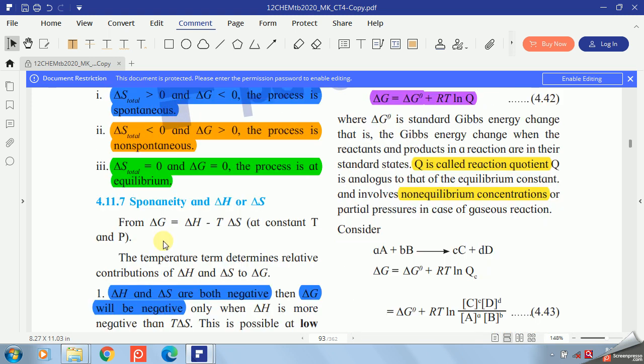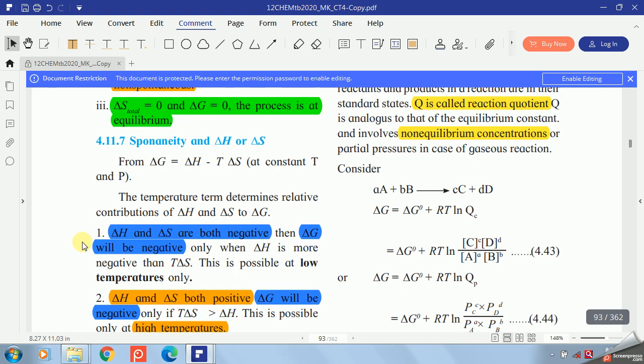Now we have to consider the spontaneity in terms of delta H and delta S. From delta G is equal to delta H minus T delta S at constant temperature and pressure, we have to write some conditions. It totally depends on the temperature.